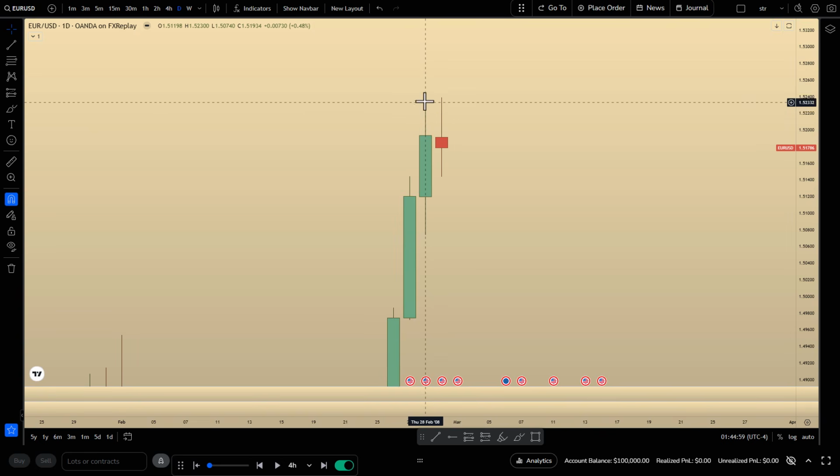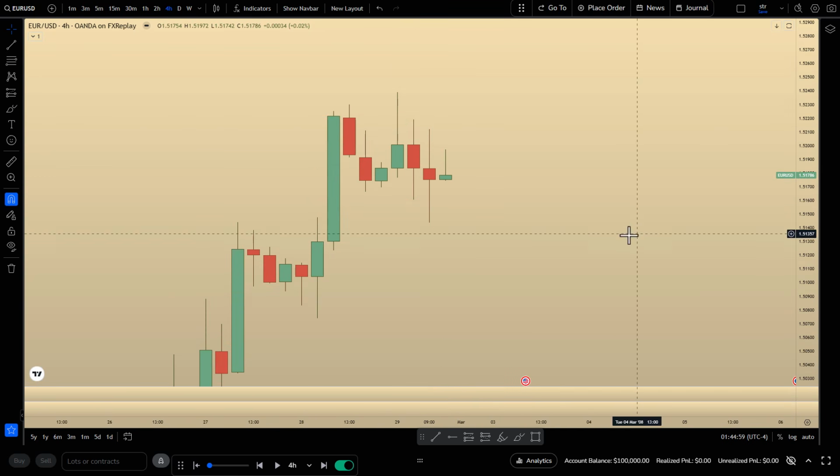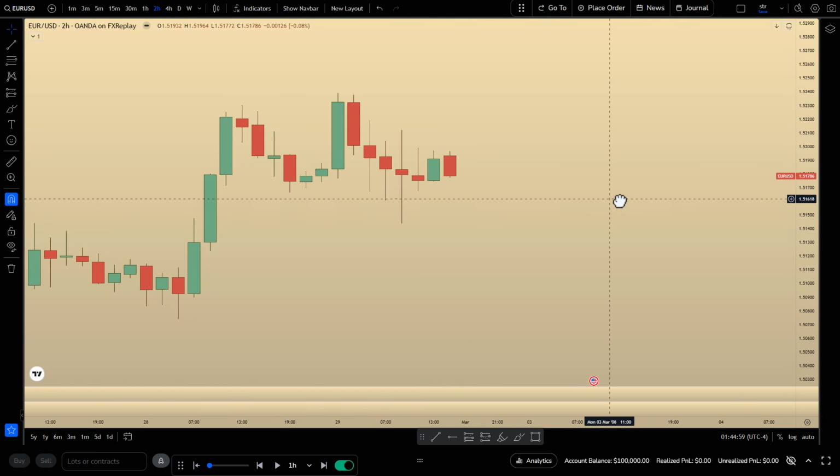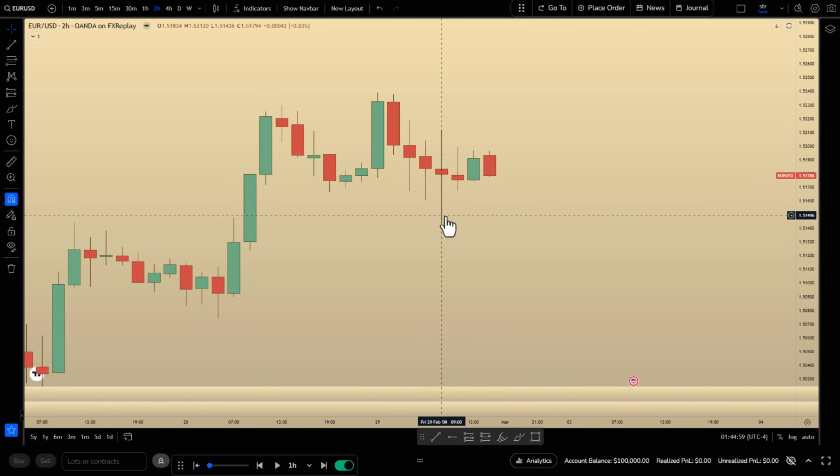So that's the daily. We are sweeping the high from here, so we might have a small pullback. Let's go to the 4 hour, 2 hour. This is previous daily low, I guess. Friday low. Yeah.